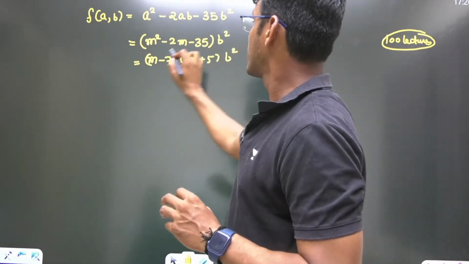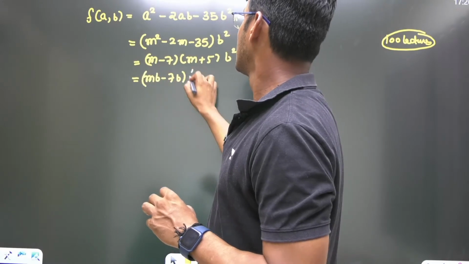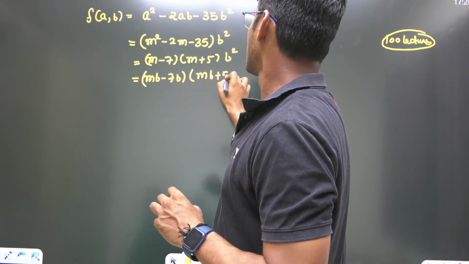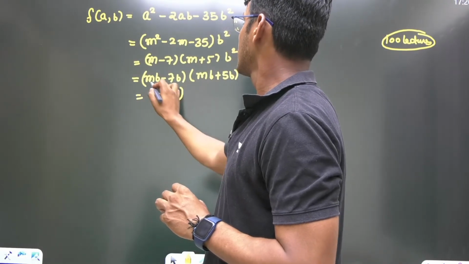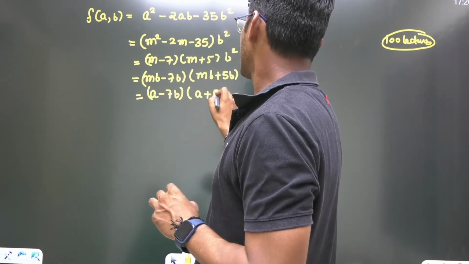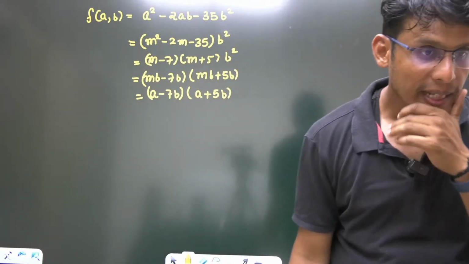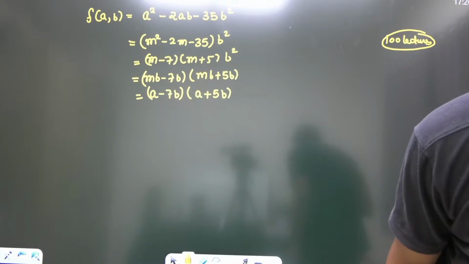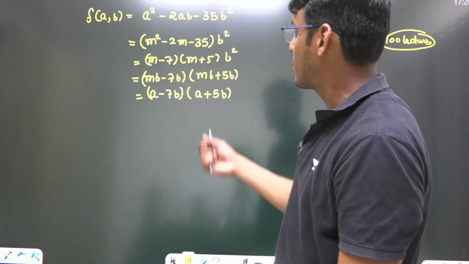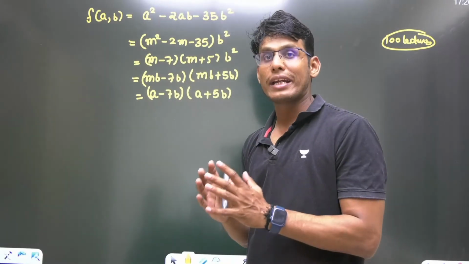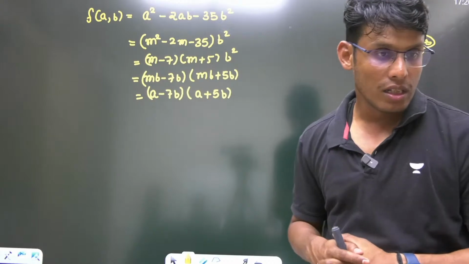Again, take 1b here and 1b here. So this becomes a minus 7b, a plus 5b. Am I making sense? Do not leave out the b. One student wrote a minus 7, a plus 5. No, you need to write the complete answer: a minus 7b, a plus 5b. Got it?